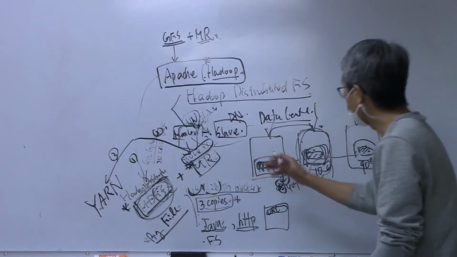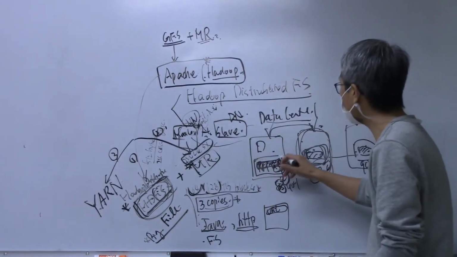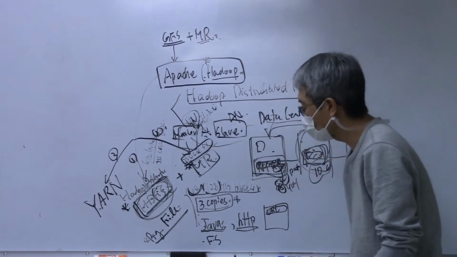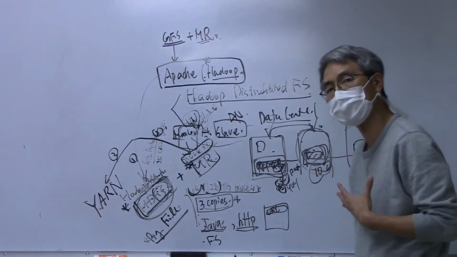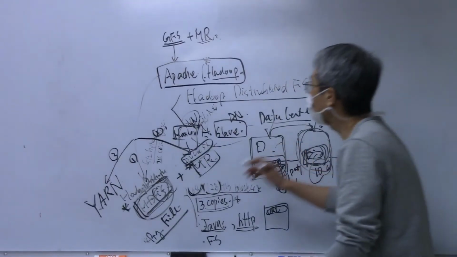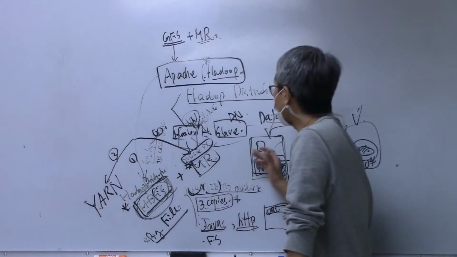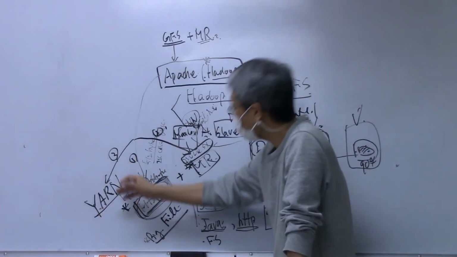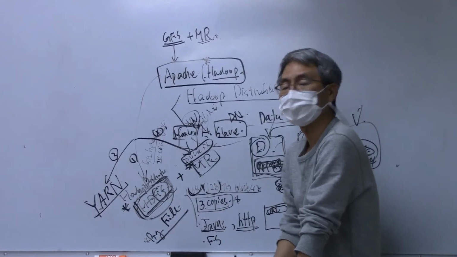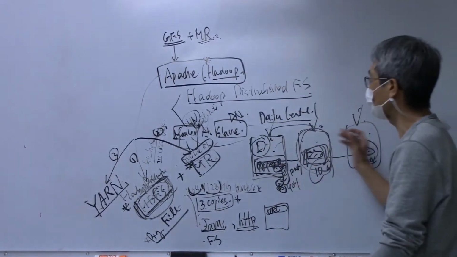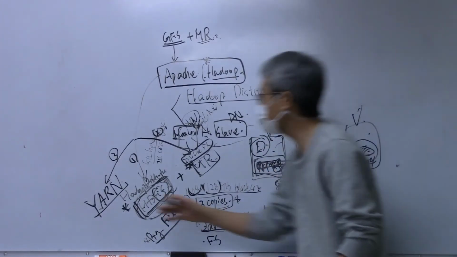When we run the job, why don't we consider the node or computer that is not busy? That makes sense. So there should be something, a part that negotiates the resource and then finally manages the resource. That is called YARN.